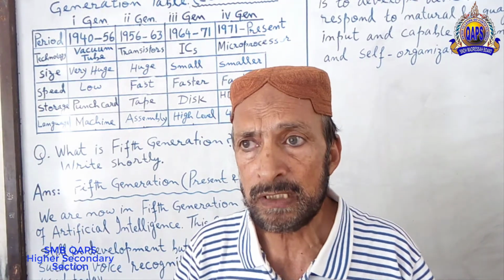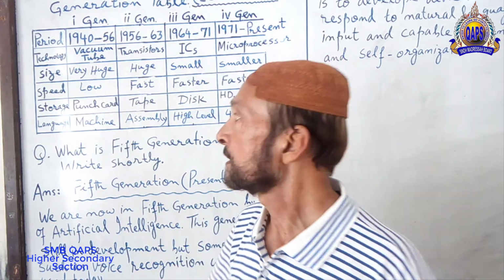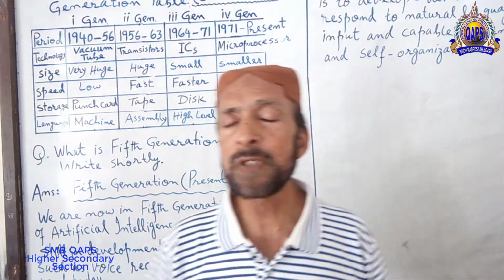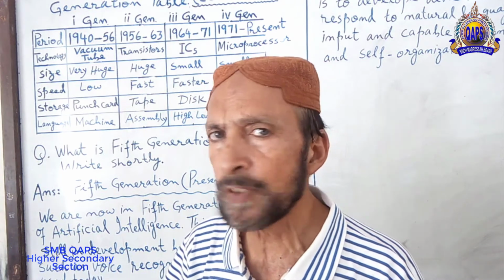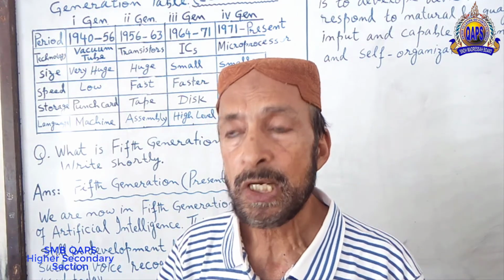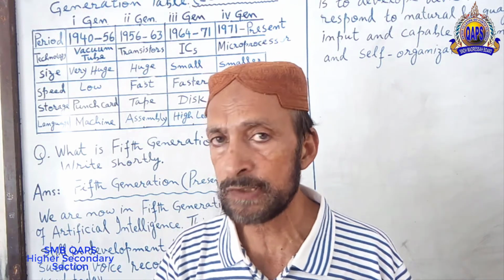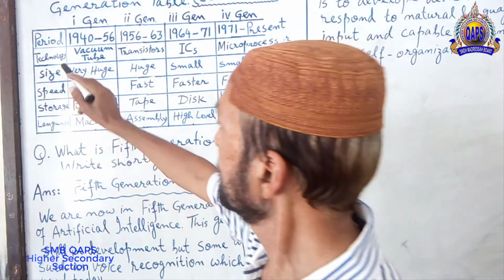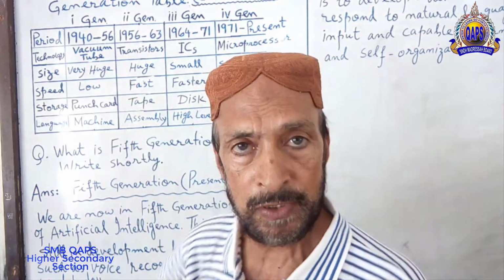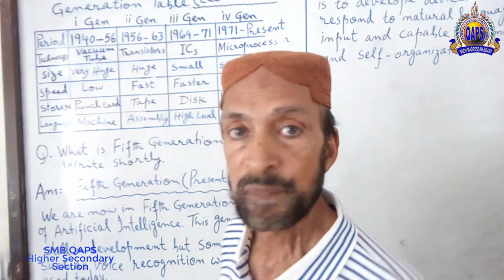They are asking to make a generation table. The question may be like: define all the generations of computer by means of making a generation table. So, students, it's very necessary for you to learn this generation table, which I made over here on the board.